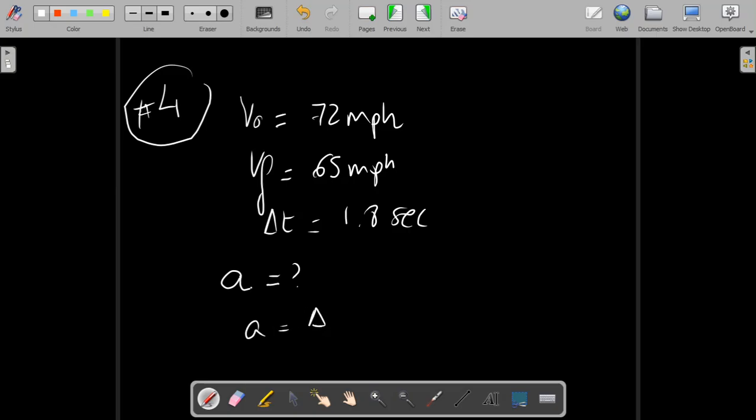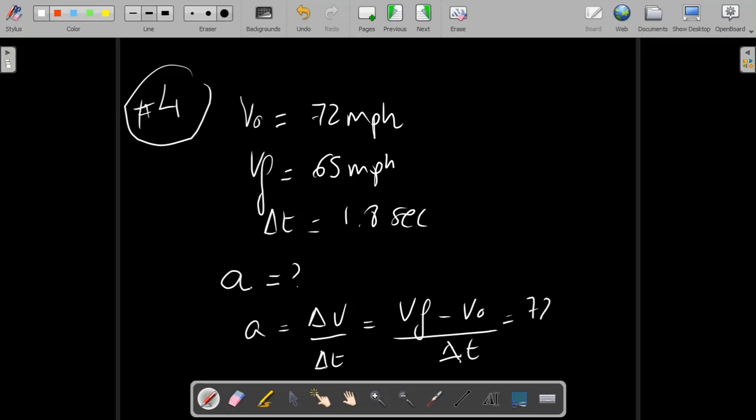What is acceleration? It is the change in your velocity divided by the change in time. That is final minus initial divided by the time. So we do have all the information we need.